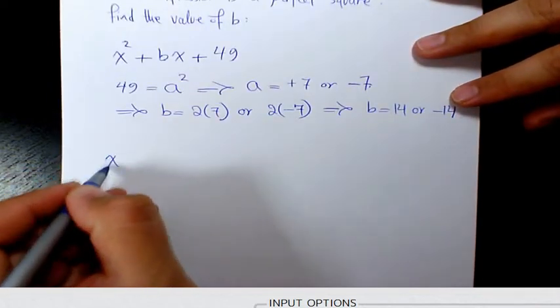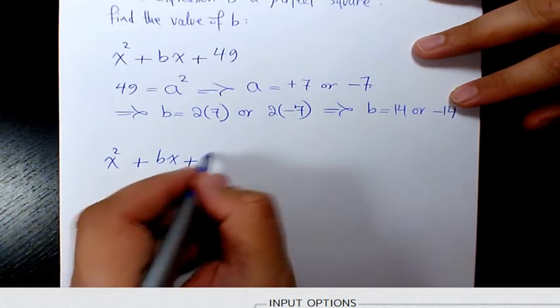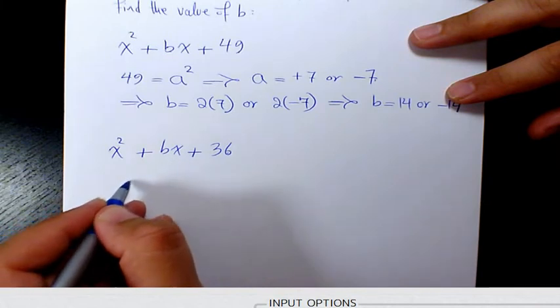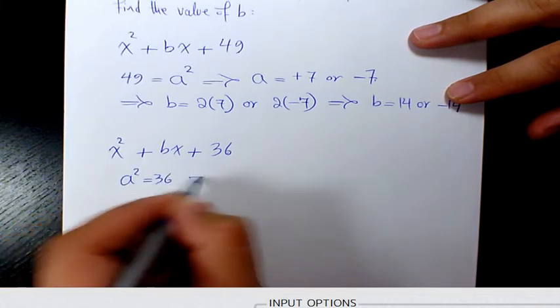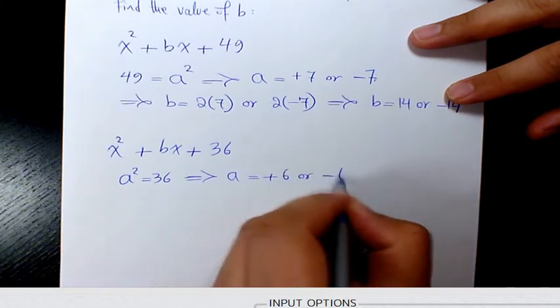Next example, x squared plus bx plus 36. Again, a squared is 36, therefore a can be positive 6 or negative 6.